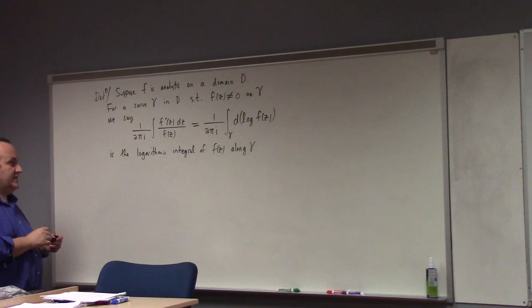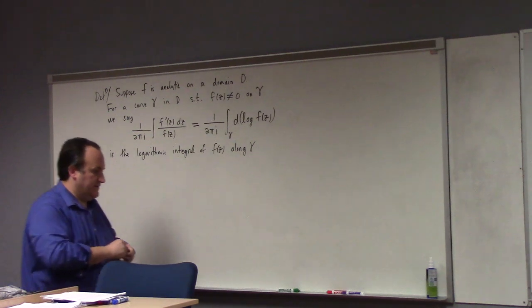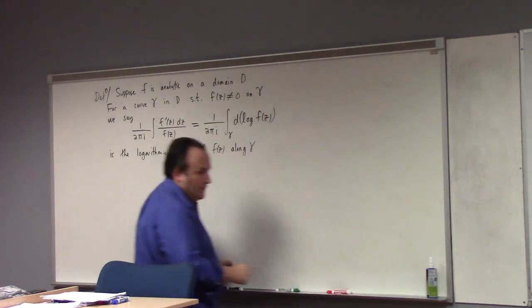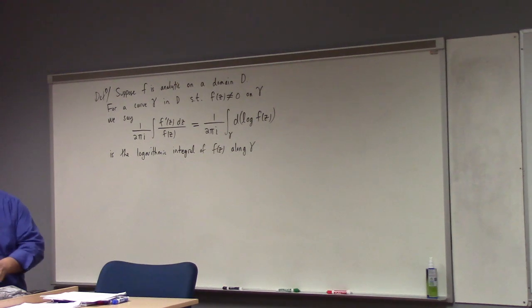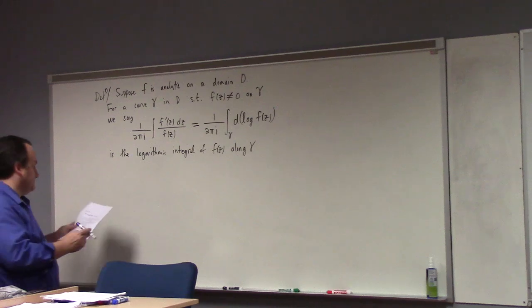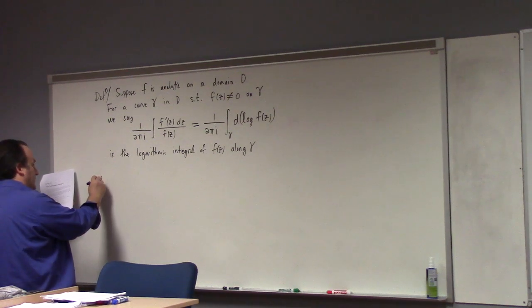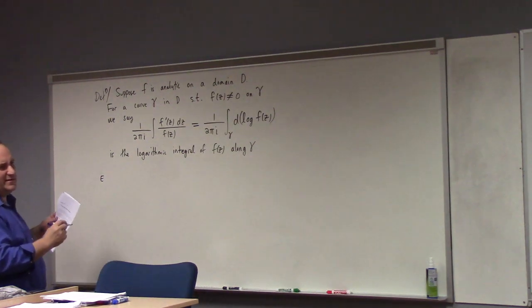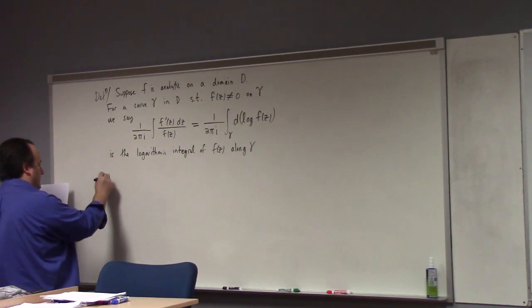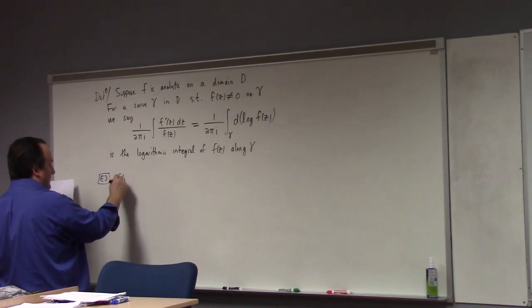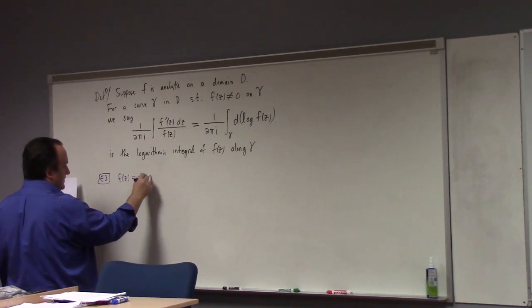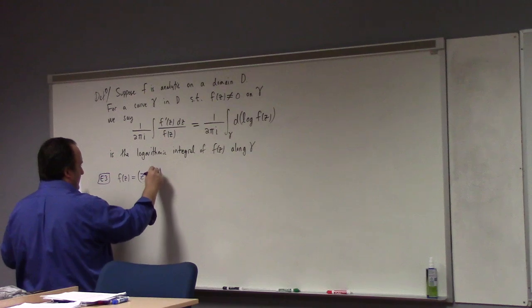So just to get an understanding of what this thing does, let's look at an example. So example 1, we'll look at f of z is just z minus z naught to the nth power. All right. So example 1, I guess we're on example 3, huh? Yeah. So f of z is z minus z naught to the power n.